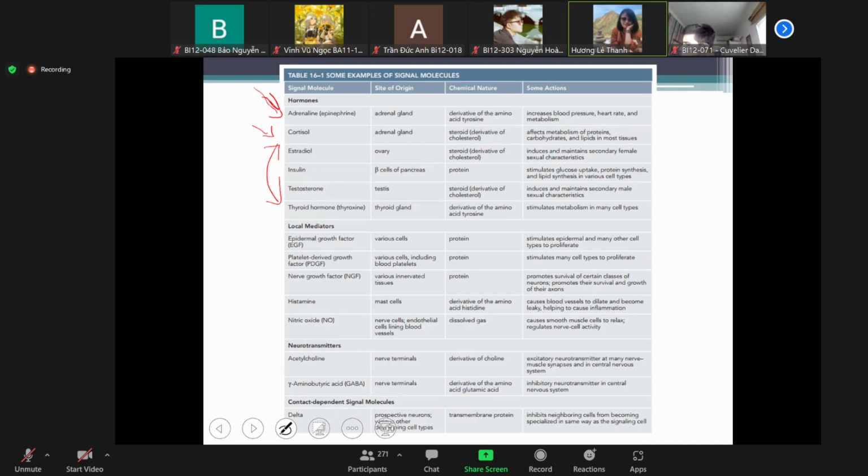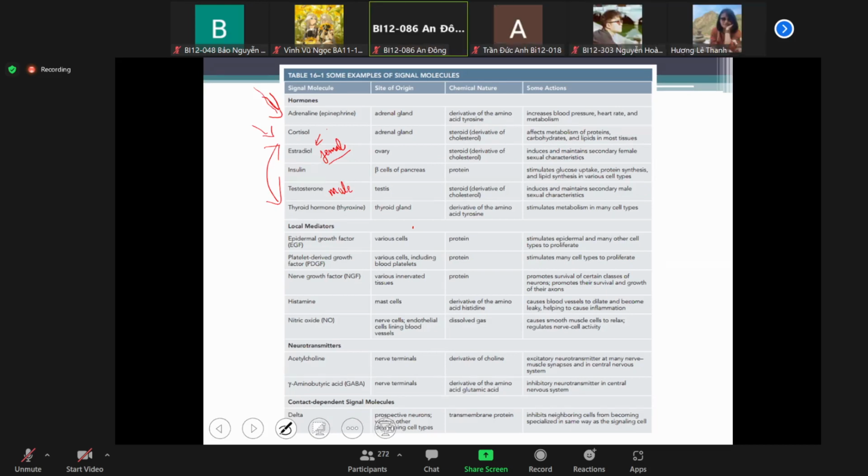Testosterone is for male hormones, and estradiol is for females. Estrogen is one kind of estradiol, so they maintain the secondary female sexual characteristics, and testosterone maintains the secondary male sexual characteristics.